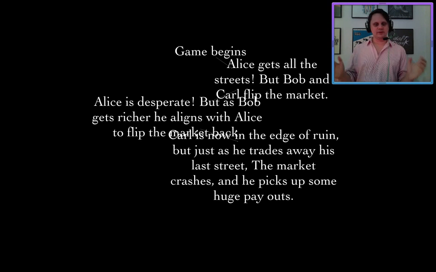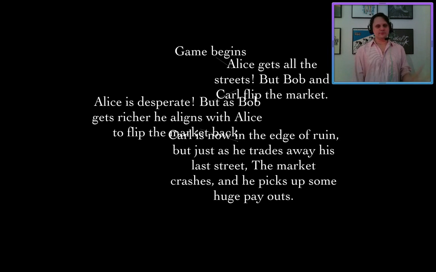And everything's really bad and blah, blah, blah, right? And Carl is on the edge of ruin, but then he trades away his last street and the market crashes and he picks up some really good pay wins and it goes back and forth, right? So now you get a really interesting story that goes back and forth and you have these sort of turning points that create a real story.